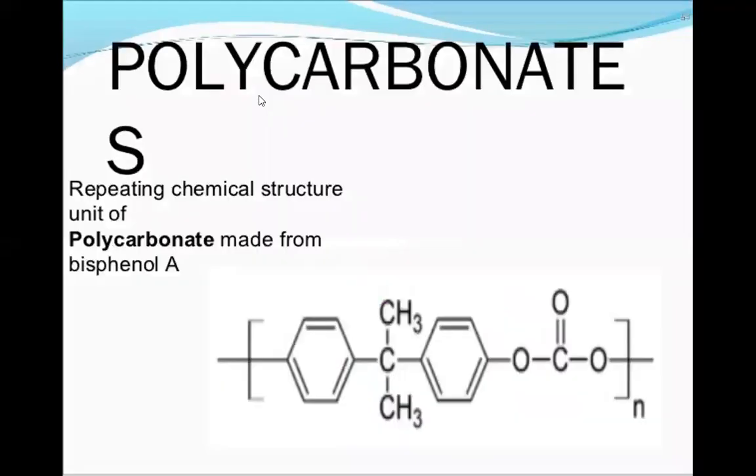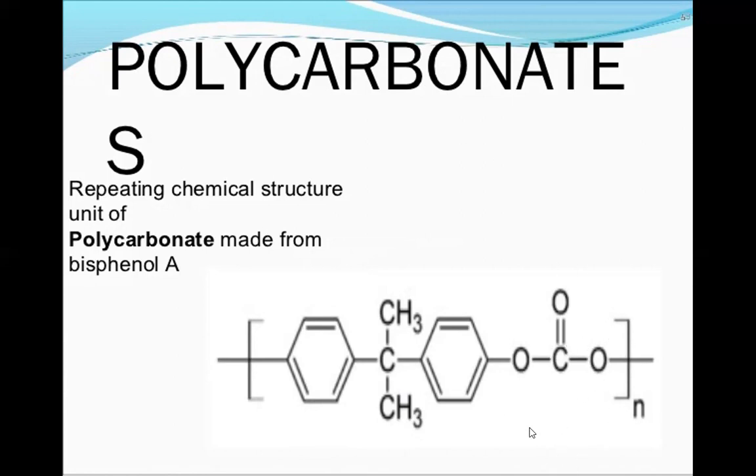Coming to the next example, that is polycarbonates. So these polycarbonates are a group of thermoplastic resins containing the carbonate group in the chemical structure. This is a carbonate group.